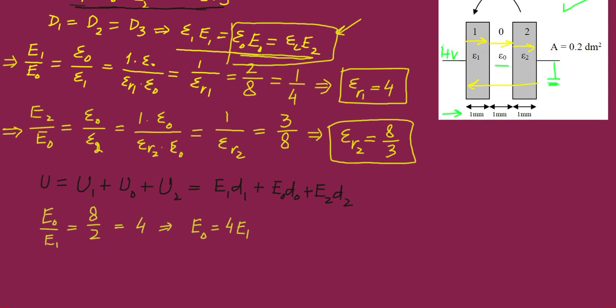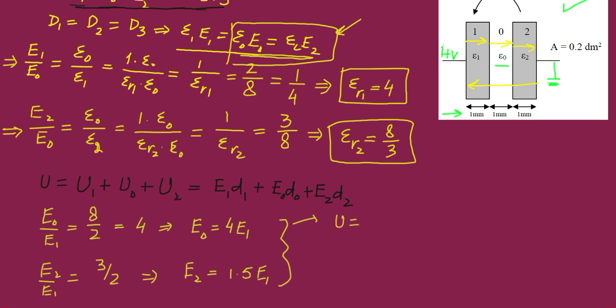Similarly, if we take the ratio between E2 and E1, we get E2 over E1 equal to 3 ratio 2. It gives us E2 equal to 1.5 times E1. So now we can insert all these variables in the first equation.